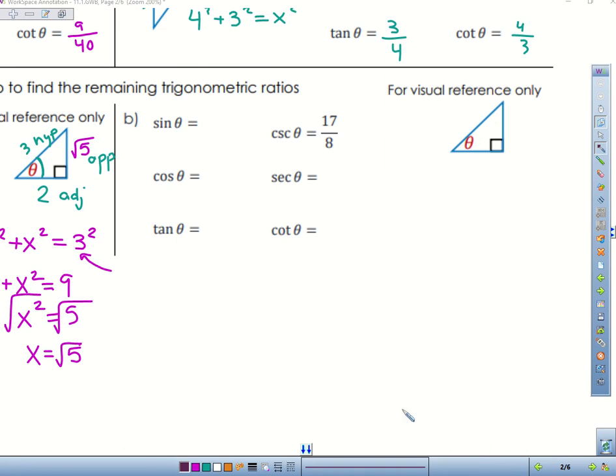So for the next question, first thing we want to do is identify what cosecant is. We know that sine is opposite over hypotenuse, which means cosecant is hypotenuse over opposite. Now that we know what h and o are numerically, we can put them into the triangle.